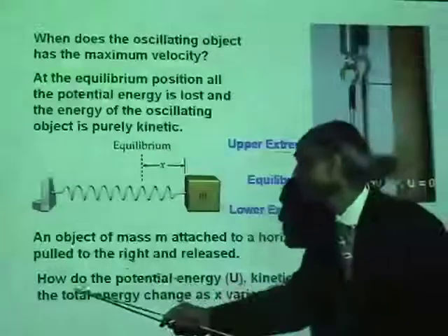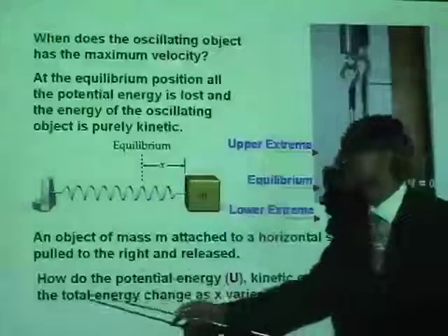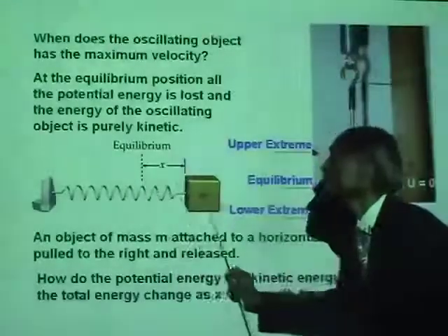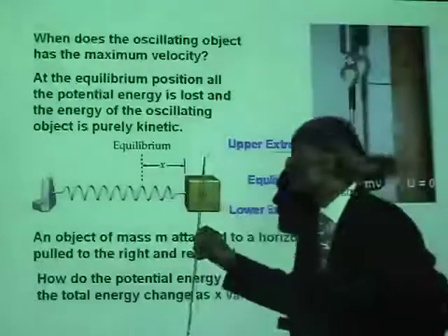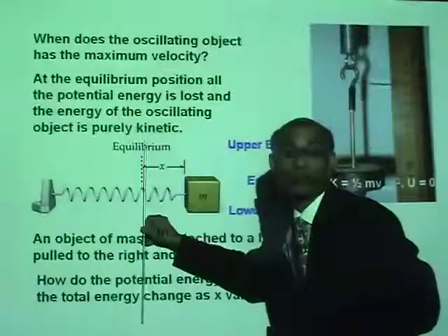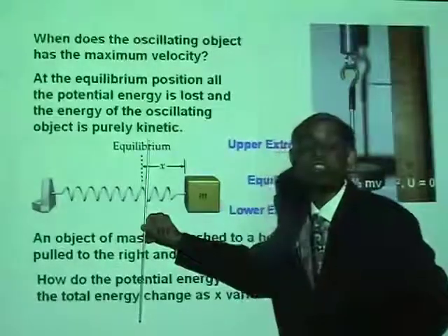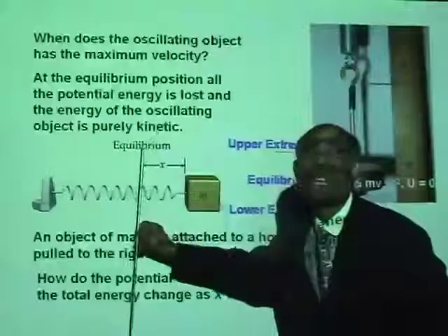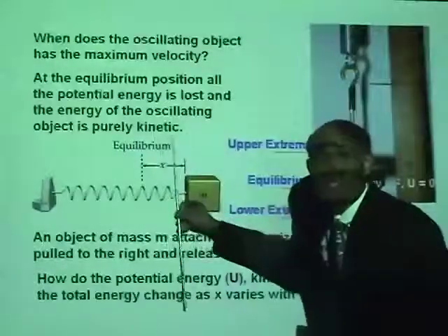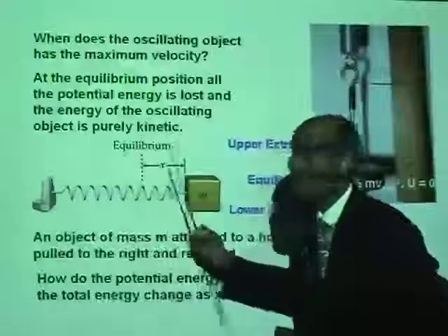How do the potential energy U, kinetic energy K, and the total energy change as x changes? When the mass is at the equilibrium position, x is 0. When x is 0, the potential energy is 0 and the kinetic energy is maximum. When x is maximum, potential energy is maximum, kinetic energy is 0, and so on.